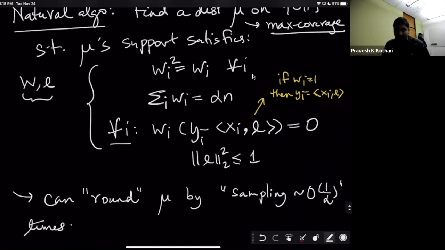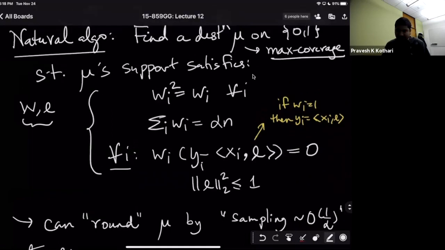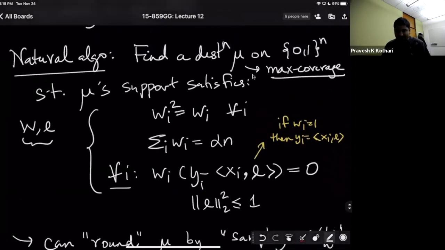That's what we've discussed so far. Again, stop me if things don't make sense, but I'm claiming that we have proved that if I could find a distribution on 0, 1 to the n, and I don't know what representation you are going to use to write this distribution down, but imagine there was some way to find a distribution mu that you can sample from efficiently, and which is max coverage and satisfies all these constraints on W, then you would be able to simply repeat this sampling argument that we did at the end and get an algorithm to return a small list.